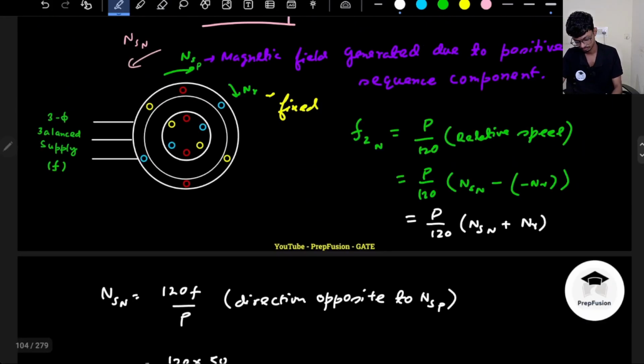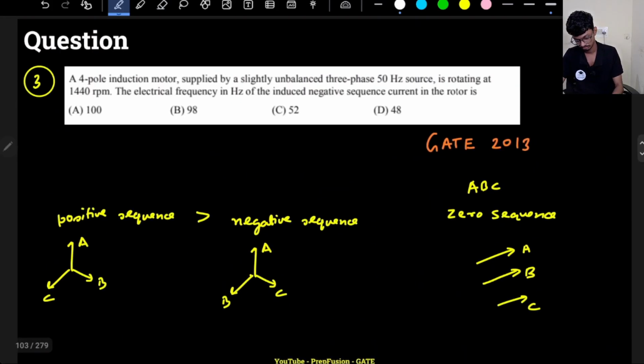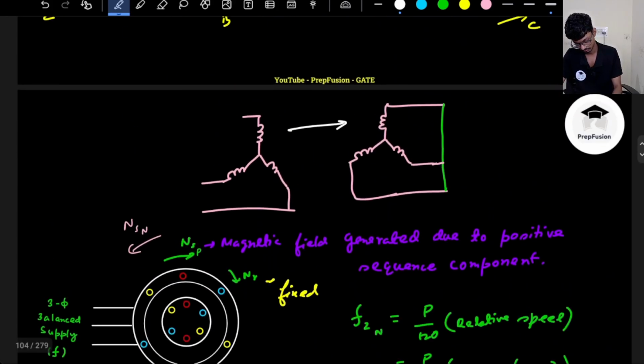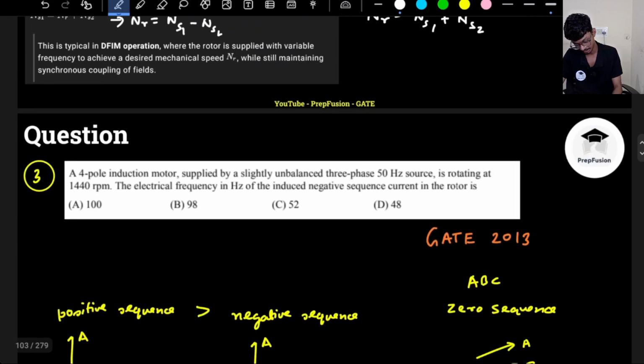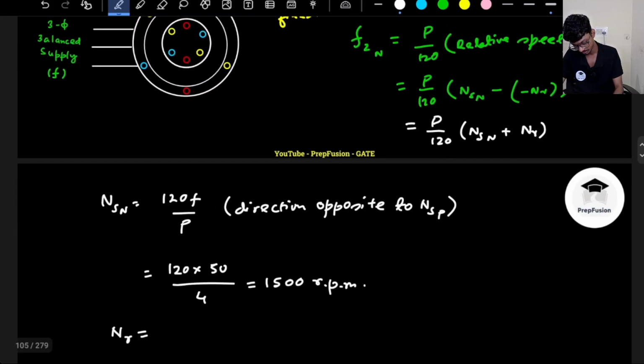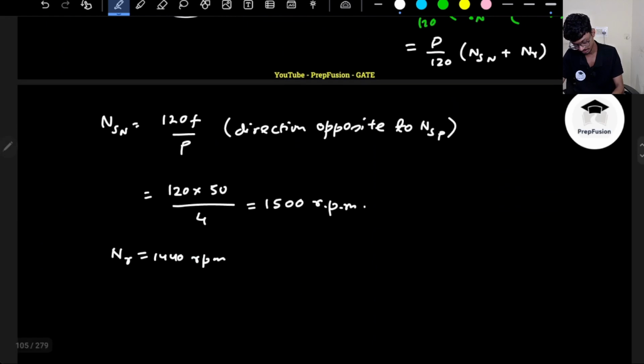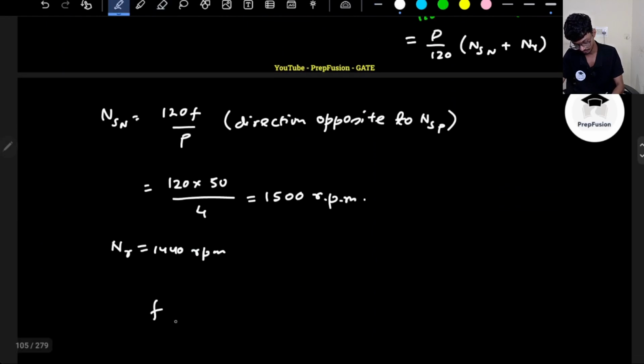What is NR? NR is basically 750 RPM. NR is 1440 RPM, right? Direction is already taken into account. So basically the F2, right?